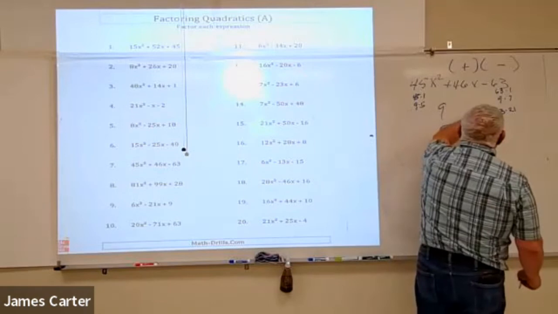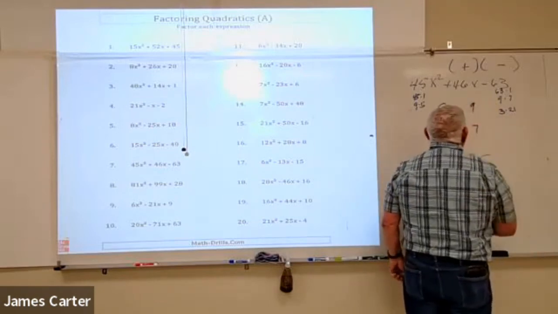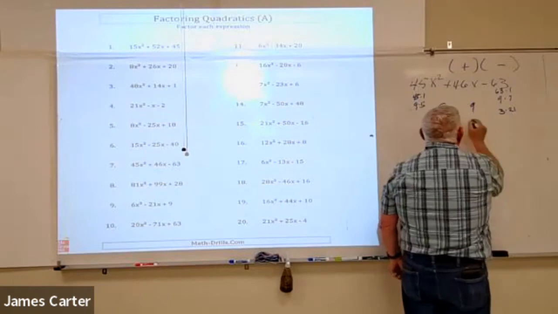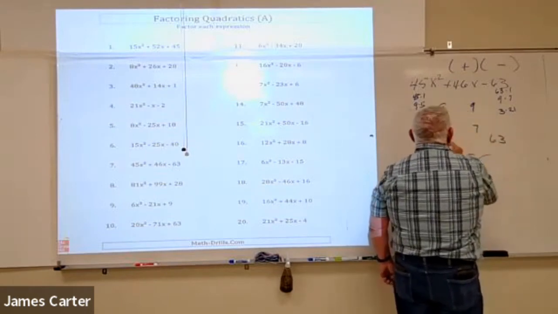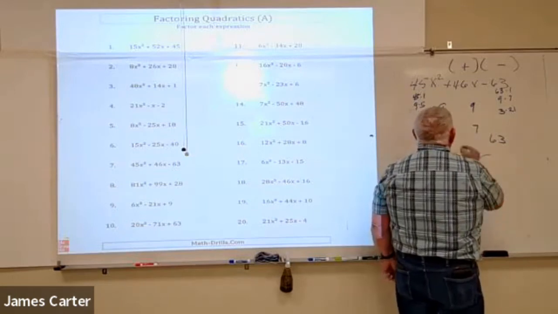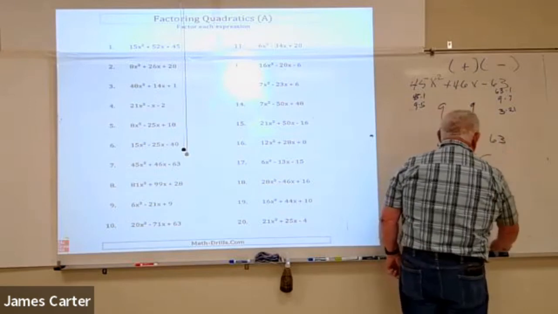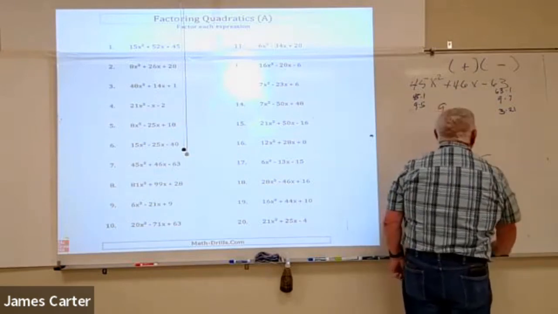So what if I use the 9 and the 7 and put the 7 there and the 9 here? 9 times 7 is 63. 9 times 5 is 45. If I subtract those, it's bigger than 46. So I'm not even going to go. Okay.